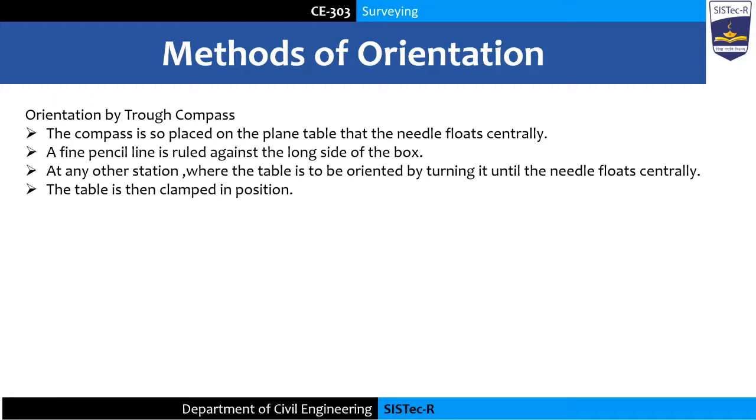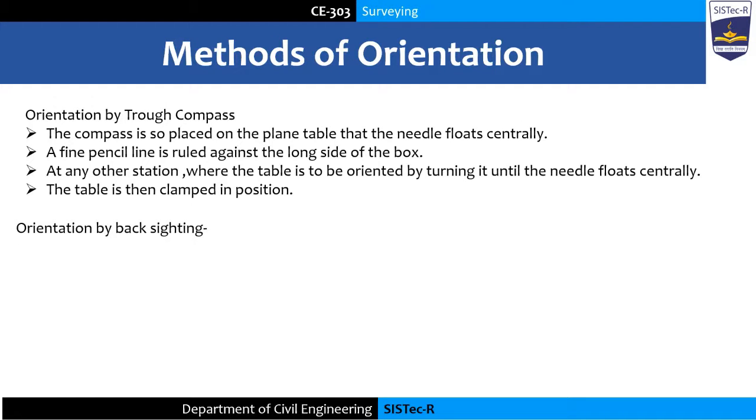The table is then clamped in that position. So what I have done: first I started from the first station, and at that station I marked the position of north, and when I shifted to the next station, I used the compass to orient my table.